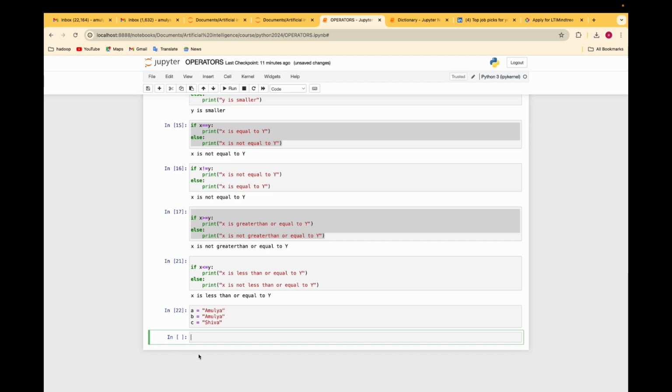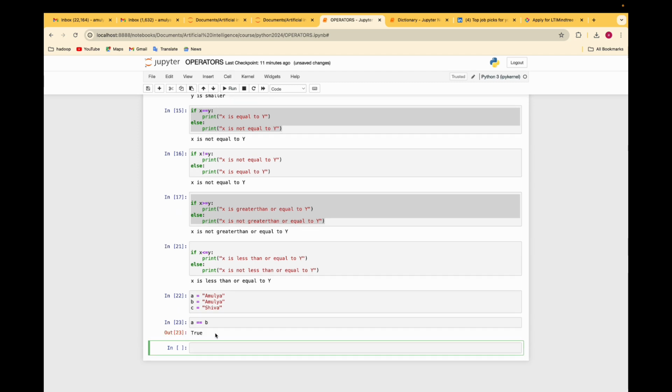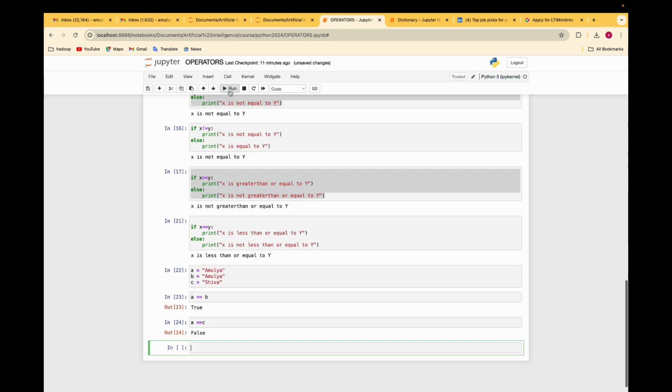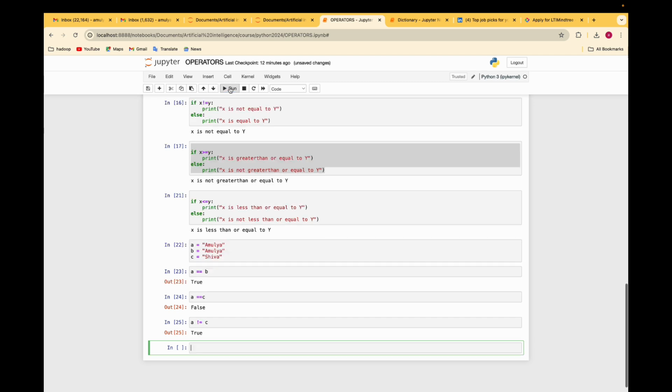When you run it, a double equals b says true. a double equals c says false. a not equals c says true. These are comparison operators. You can even perform them on top of strings.